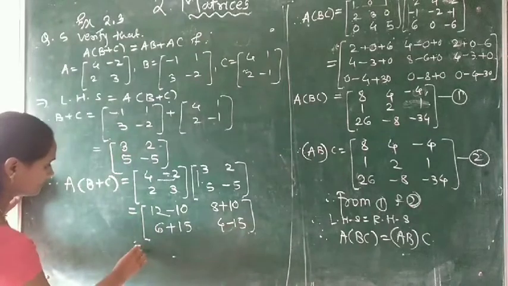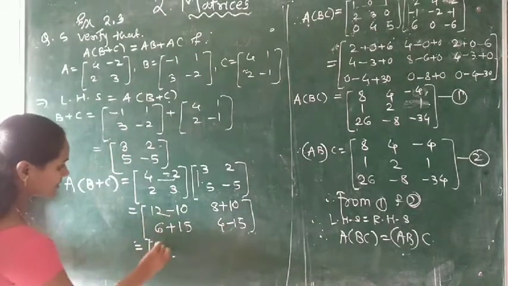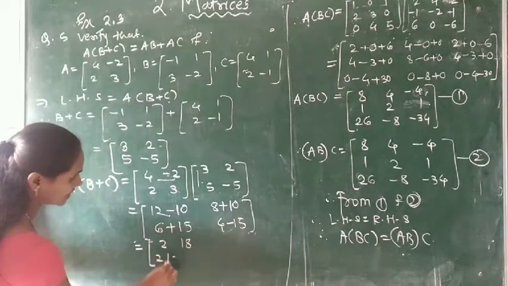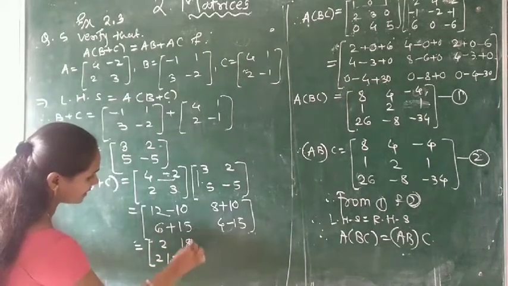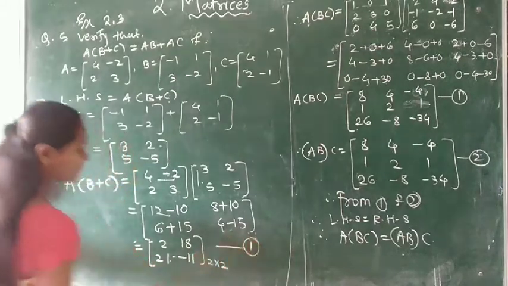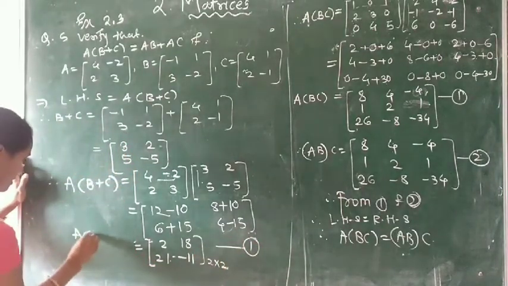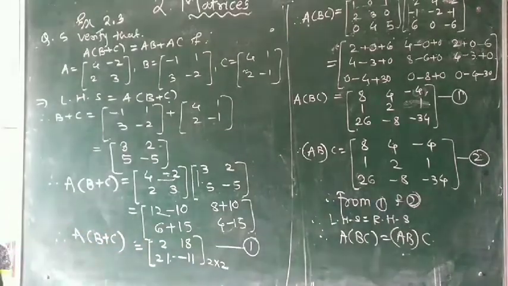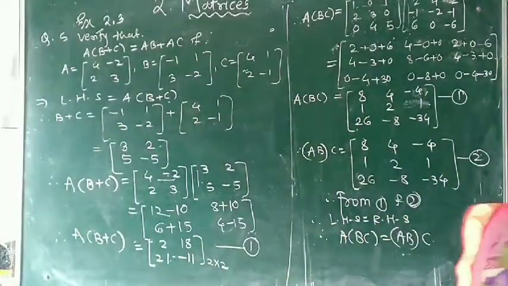So, 12 minus 10, 2. 8 plus 10, 18. 15 plus 6, 21. And minus 11. This is equation number 1, A into B plus C. That is our LHS. Now solve RHS.